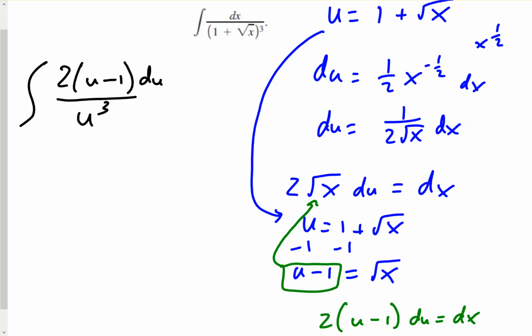If we distribute the 2 out, our numerator becomes 2u minus 2 over u cubed.